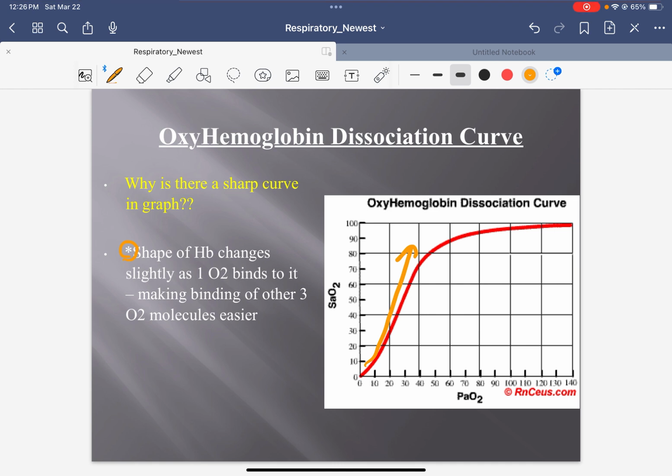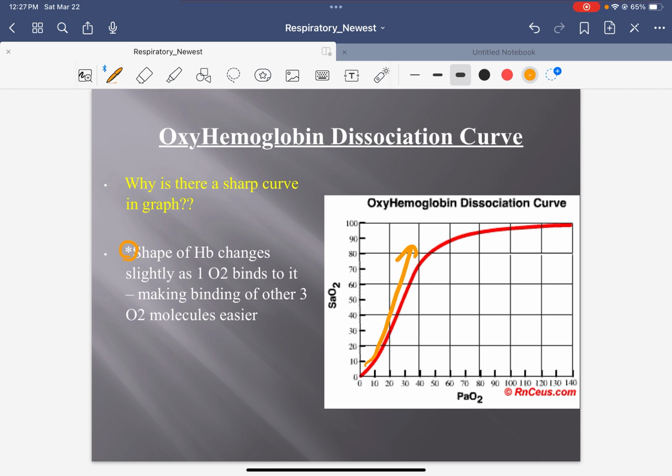Remember, you're not going to have to write an essay about this. You just have to pick from a multiple choice. So I could ask you a question, something like, why is there such a steep slope in this curve? Because after the first oxygen binds, the shape of hemoglobin changes slightly to allow the remaining 3 to bind more quickly.